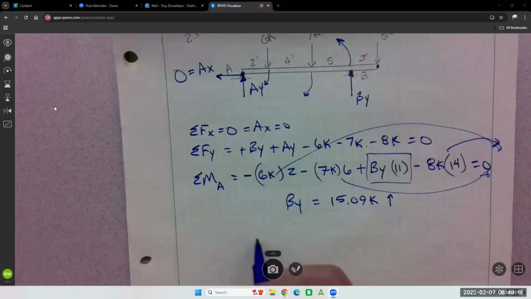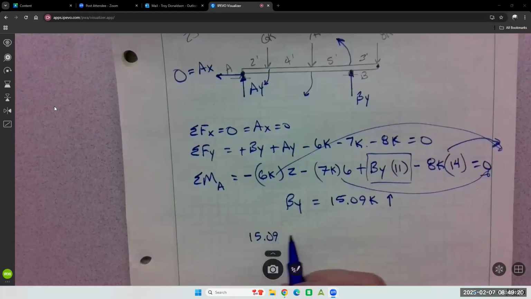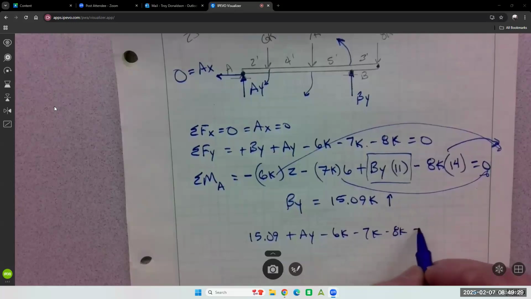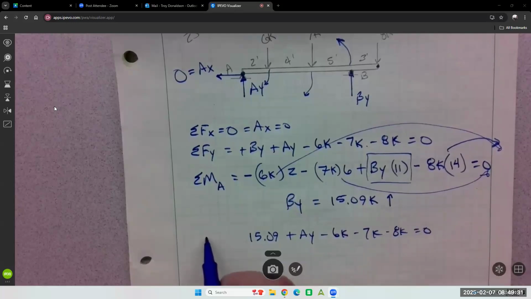So it would be 15.09 plus AY minus 6K minus 7K minus 8K equals 0. That formula, we just plug it in.